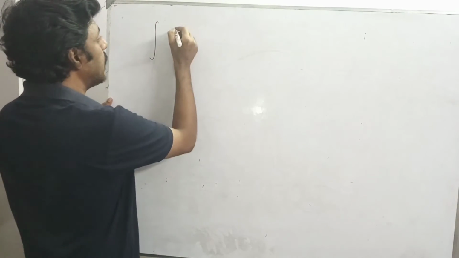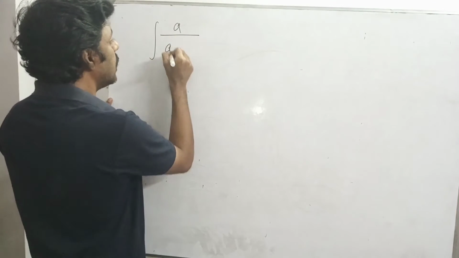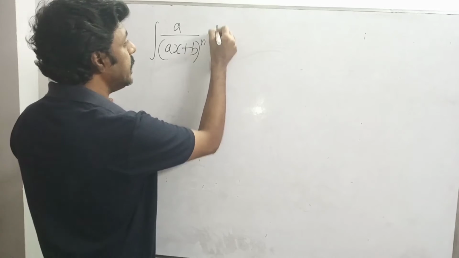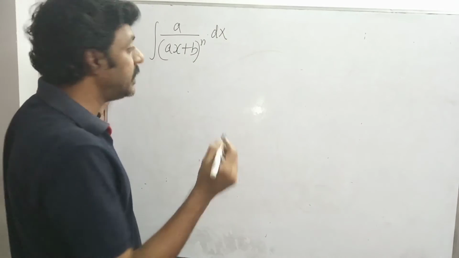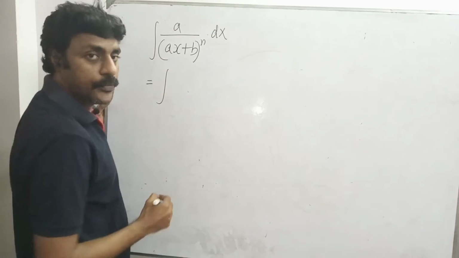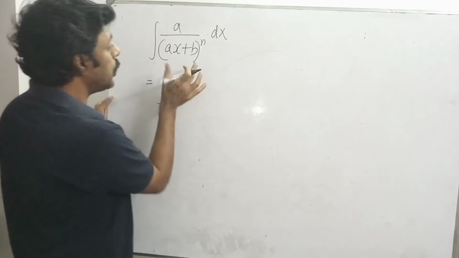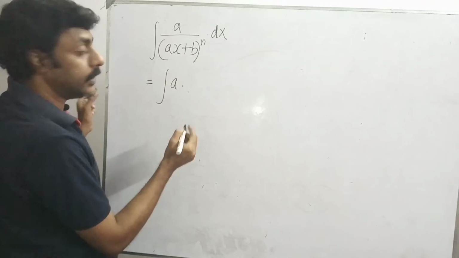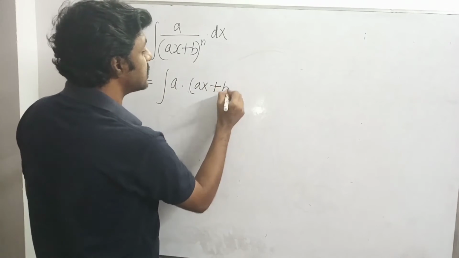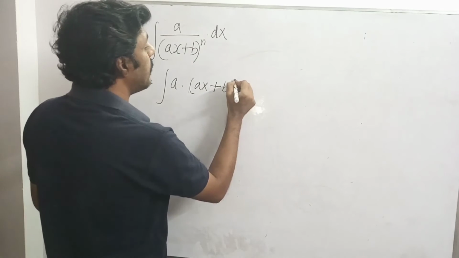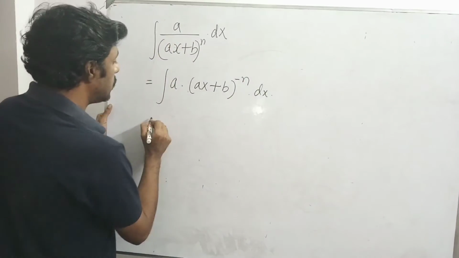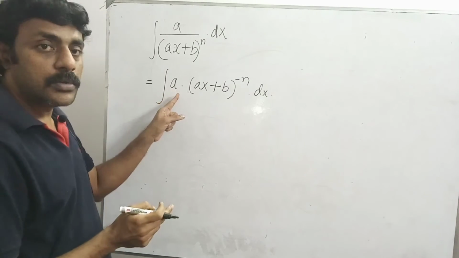Integral of a divided by ax plus b whole power n into dx. So what will be the value of this one? So what you are supposed to do is integral of a into, I am going to bring this term into the numerator. So it will be ax plus b whole power minus n into dx. So now I am taking this constant out of the integral.